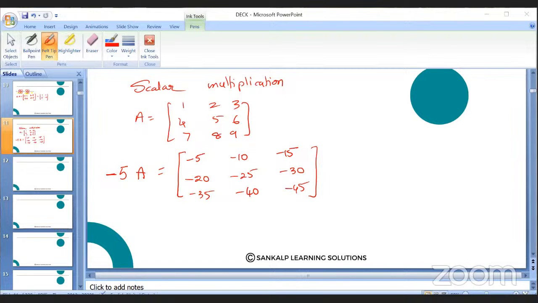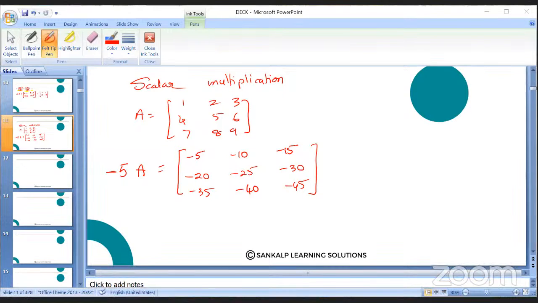Now for scalar multiplication also, there are some properties. What are the properties? Quickly, I will paste.